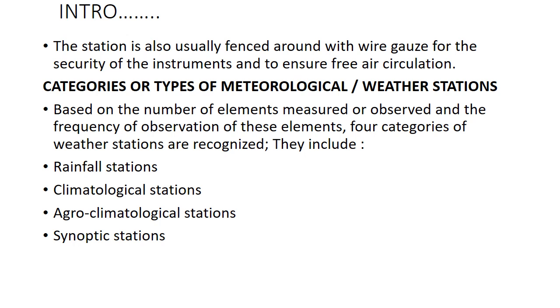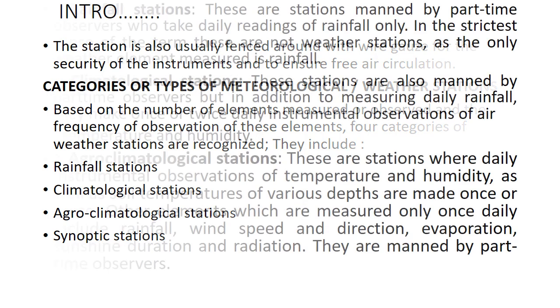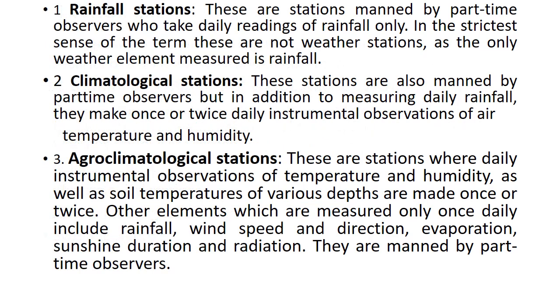Then we look at the categories or types of meteorological or weather stations. What are the types? Based on the number of elements measured or observed and the frequency of observation of these elements, 4 categories or types of weather stations are recognized. So we are saying that there are 4 basic types of weather station based on the number of elements measured or observed and then the frequency of such observation.